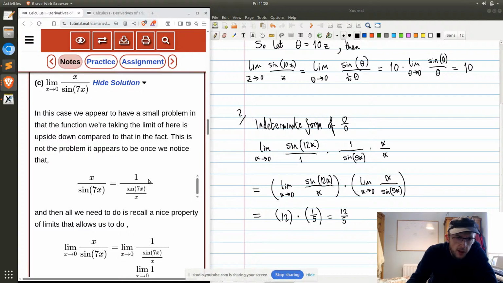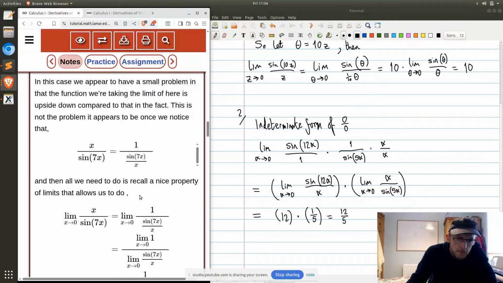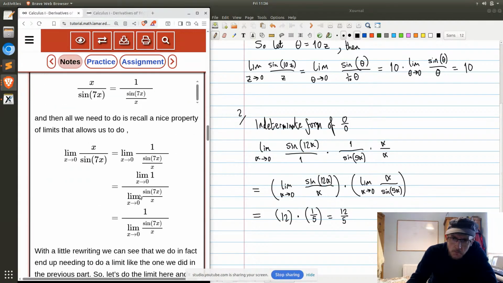X over sine of 7x becomes 1 over that. And that we can actually do. So the limit of alpha over sine of 5 alpha becomes 1 over sine of 5 alpha over alpha. And so the limit as alpha approaches 0 of 1 is exactly 1. And the limit as alpha approaches 0 of sine of 5 alpha over alpha is exactly 5.